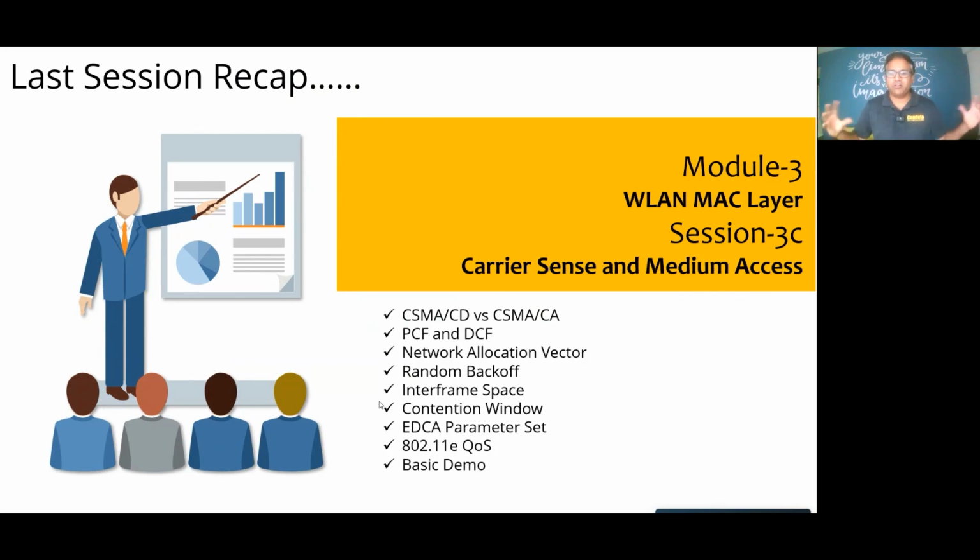All the devices manage themselves, figuring out who goes first and who goes next. We said that DCF is the main method used for carrier sensing and contention in Wi-Fi. PCF has been deprecated.